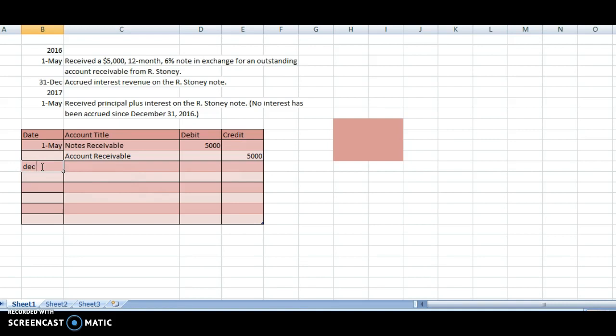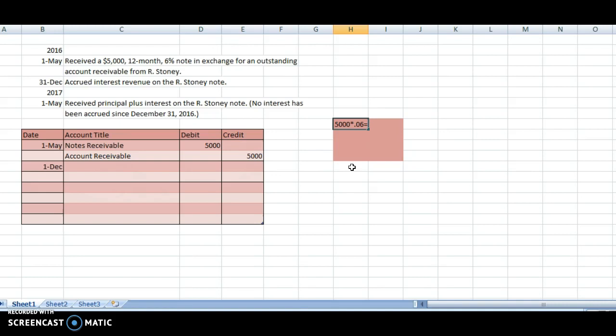So December 31st is our next transaction. First of all, we need to figure out the interest that is due. We take the amount of the note and multiply it by the interest rate, just so that we can get an idea of how much we are going to earn by the time they pay it off in that 12-month period.